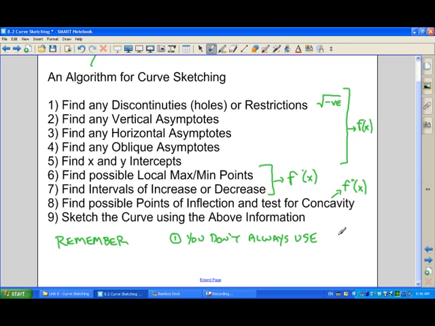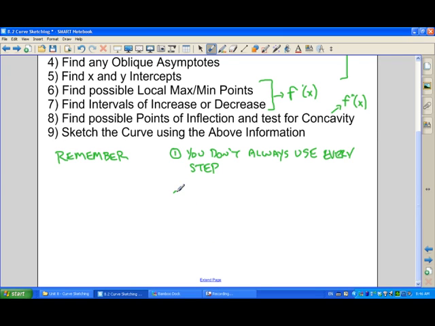We've looked at many functions that don't have any asymptotes. So when you're following this algorithm, you often don't use every step. And the second point to remember, from advanced functions especially, is that you know the general shape of most of the functions that we're going to be looking at.